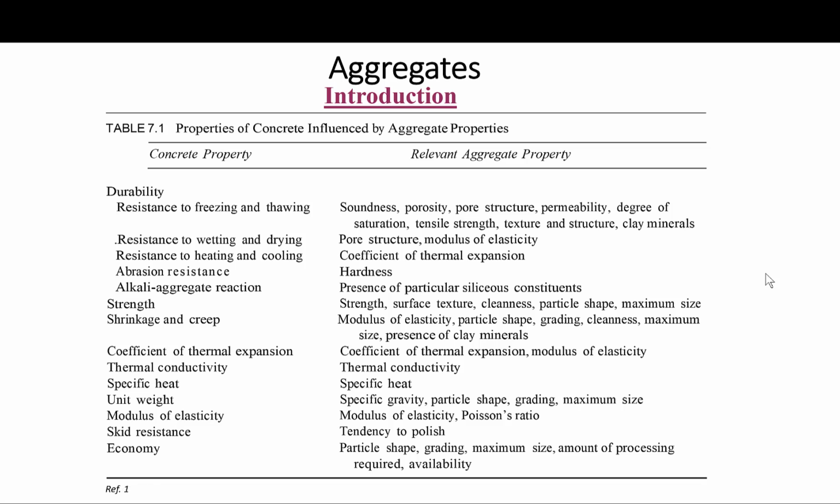So the moral of the story: aggregates are an economic filler in concrete because they constitute about 70 to 80% of its volume, but their properties are also important to the properties of concrete. Making good concrete requires good aggregates.